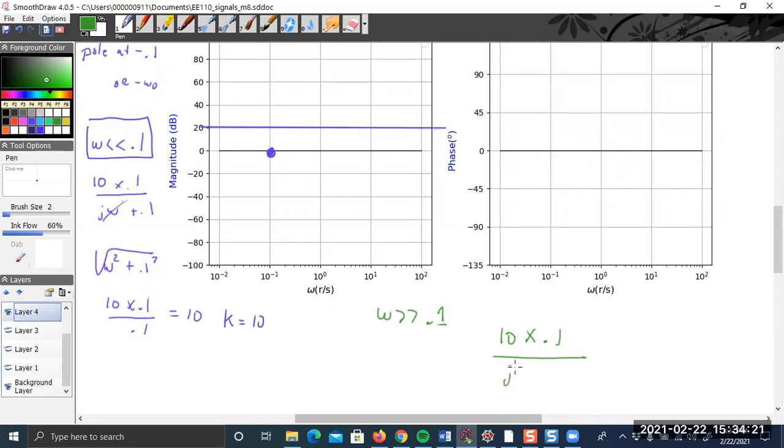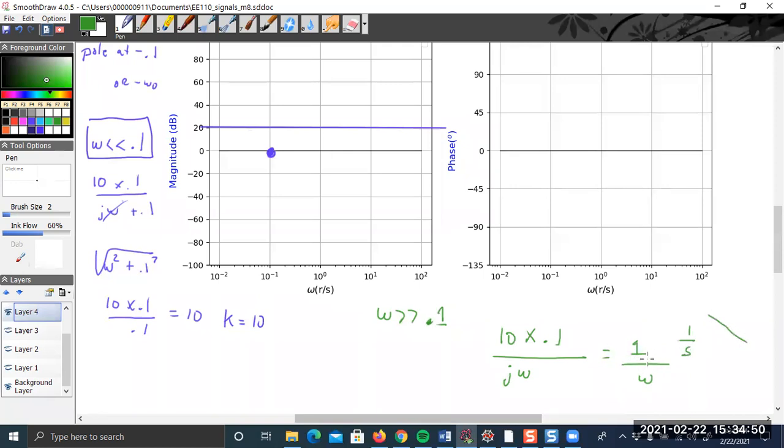Really, I'm going to have j omega, because remember, this is so much bigger than 0.1, it's no longer there. Well, now 10 times 0.1 is 1. And then I have omega. So that's really like 1 over s. So I have a straight line down.